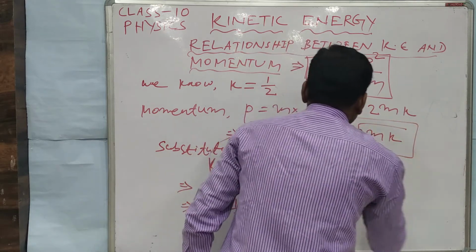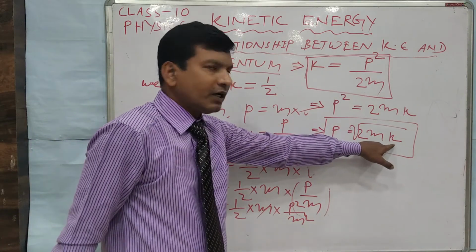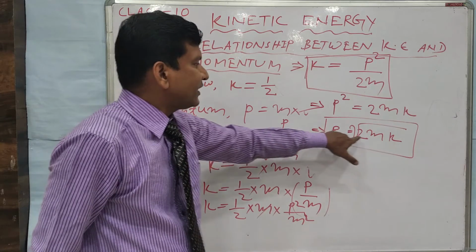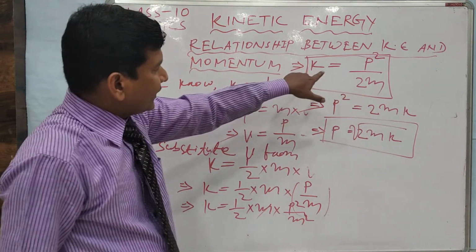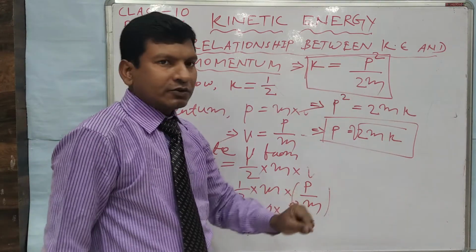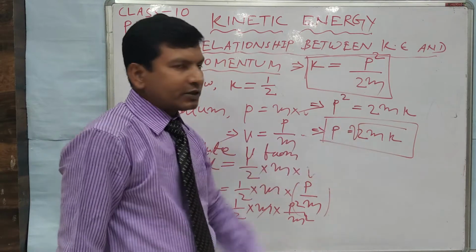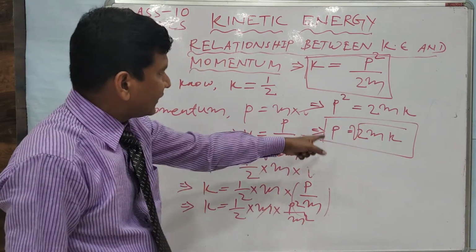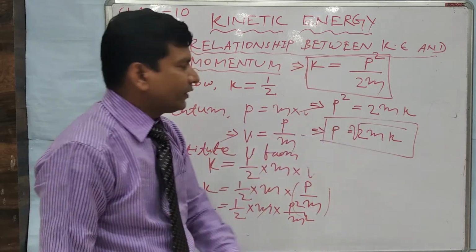So that means the momentum is equal to the square root of the kinetic energy. So momentum is directly proportional to the square root of the kinetic energy. Here kinetic energy is directly proportional to the square of the momentum, but momentum is directly proportional to the square root of the kinetic energy. That I have shown you. From here also you can find it out.